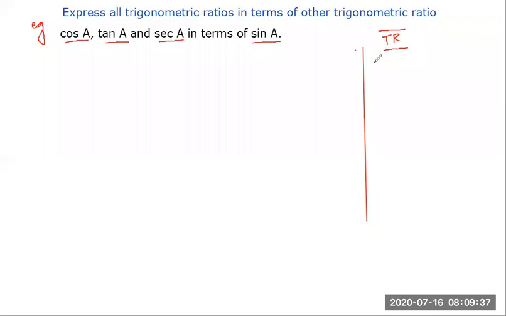So first, the trigonometric ratios for any given angle A. Let's say A is some angle. For this, we know that cos square A plus sin square A is equal to 1. And there are other trigonometric ratios.